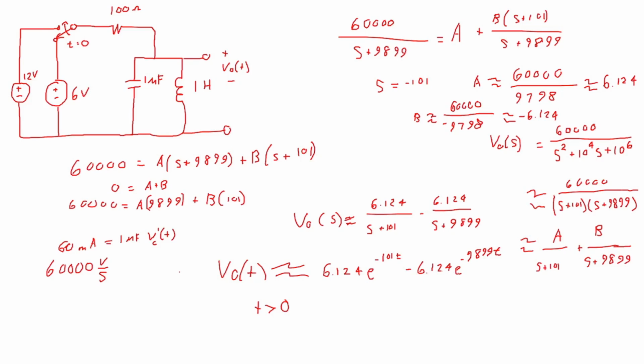It's long gone after a millisecond even. This term is long gone while this term is still kind of meandering along. So the voltage rises very quickly to about 6, at which point the voltage is enough to cause the inductor to start increasing the amount of current it takes.